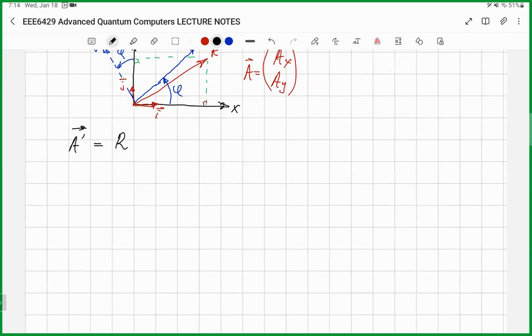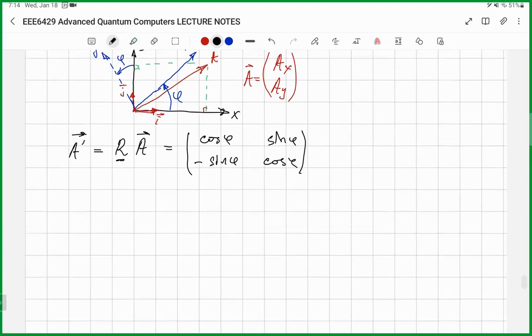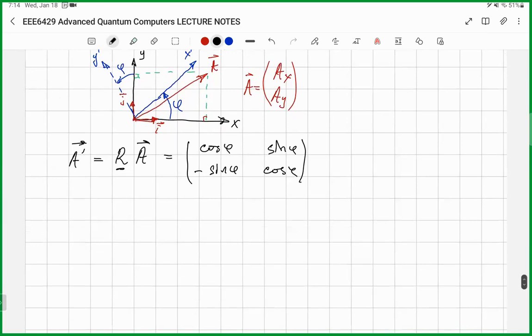I'm writing now in the operator form R times A. In the matrix form, this matrix R gives the components cosine phi, sine phi, minus sine phi, cosine phi. You can easily check that. So first of all, this matrix, and then times this initial vector ax, ay, right?